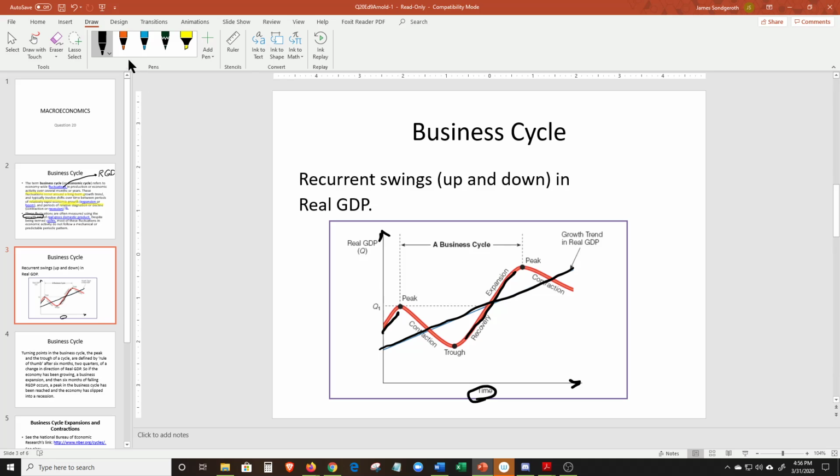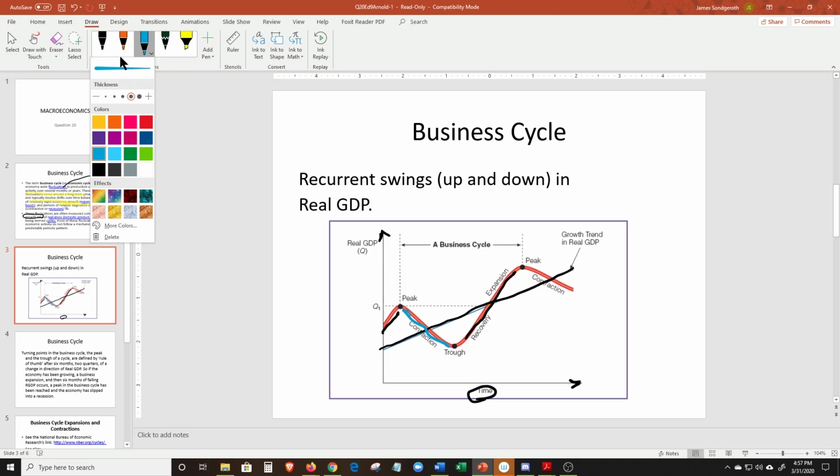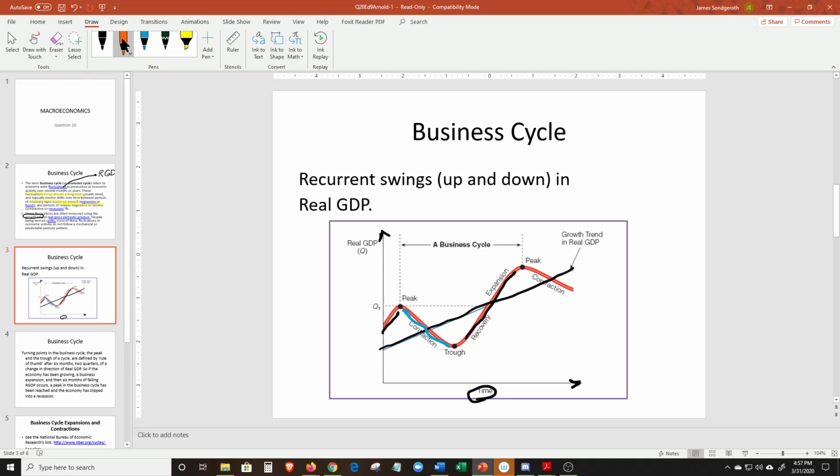And in fact, let's use a different colored pen and show this. Maybe we can use a blue one here. So in the contraction, we have GDP falling. And then in the recovery, let's do this. We, of course, have GDP growing. I'd like a little wider pen.